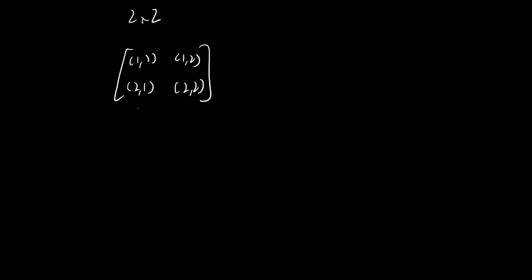Let us consider a 2 cross 2 matrix. So here elements 1,1, 1,2, 2,1, and 2,2. Let's consider each case. First 1,1. So this will be 1 plus 1 minus 2, that will be equal to 0. So this element will be non-zero. Now for 1,2: 1 plus 2 minus 2 equals 1. This will also be non-zero.